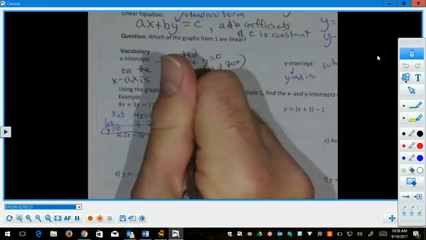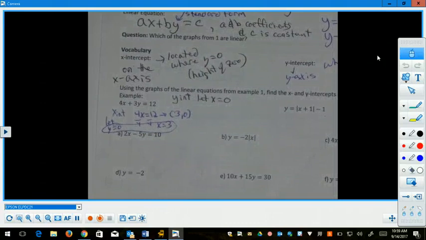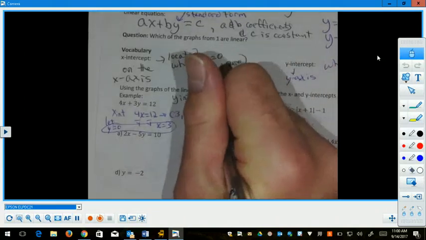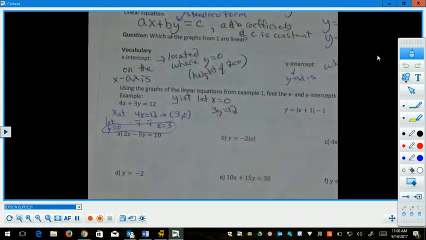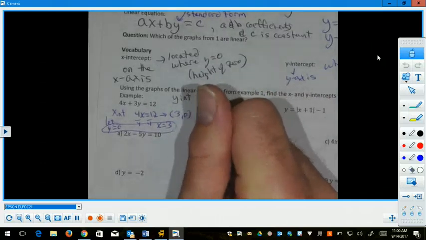To find my y-intercept, I'm going to let x equal 0. So if I cover up the x variable, because 4 times 0 is 0, then I have 3y equals 12. Divide both sides by 3, y equals 4.